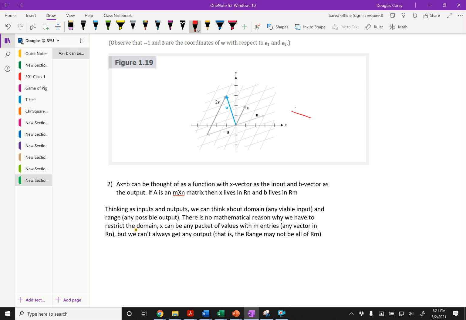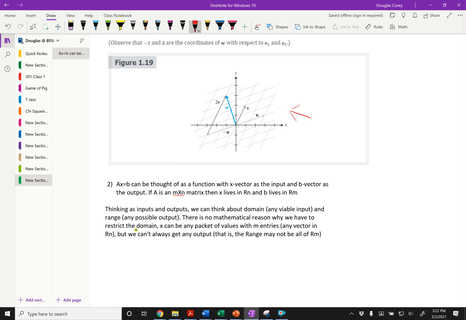So this picture should look familiar up here. This is what we talked about yesterday, and this is one way to think about a basis. There are different bases for any subspace, and given a basis, there's exactly one way to get to any point.